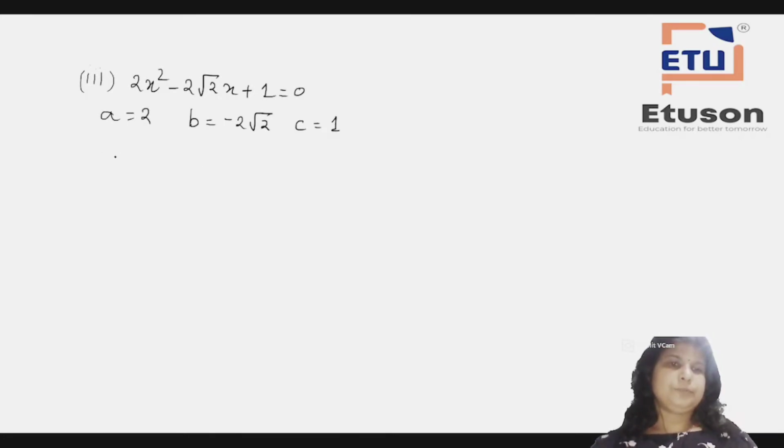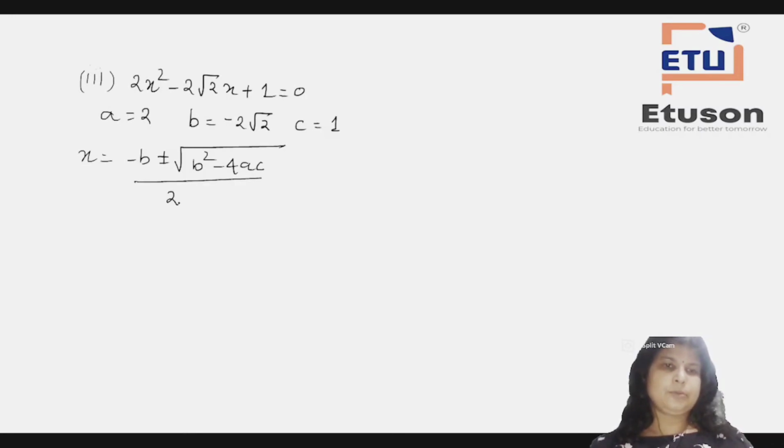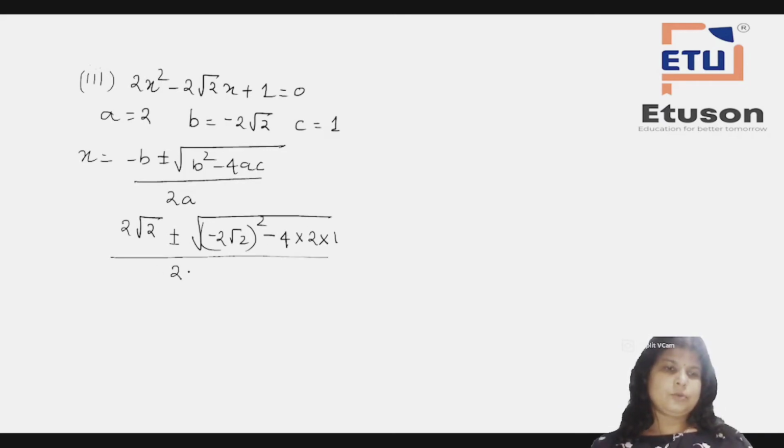Okay, so x is equal to minus b plus minus square root of b square minus 4ac divided by 2a. So minus of minus 2 root 2 is plus, so 2 root 2 plus or minus square root of minus 2 root 2 whole square minus 4 into 2 into 1, divided by 2 into 2. So let us solve it.